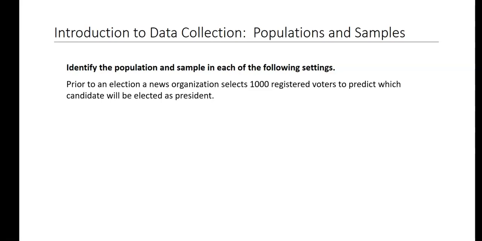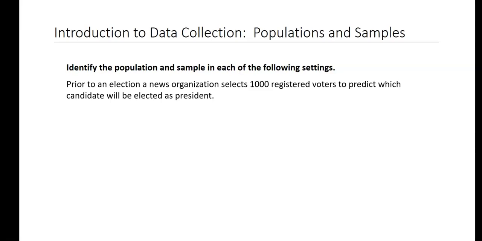Prior to an election, a news organization selects 1,000 registered voters to predict which candidate will be elected president. So here, the population is not as crystal clear. You have to know that only adults can vote, 18 years and older.